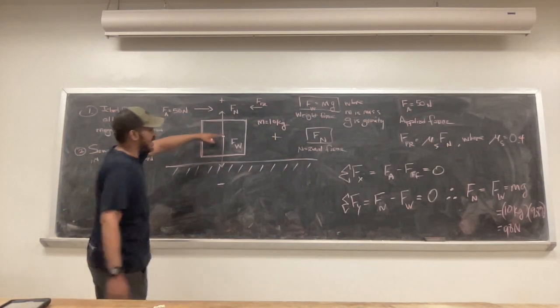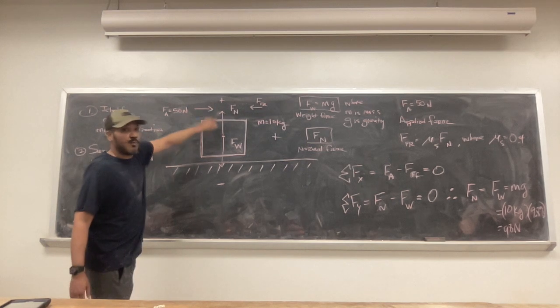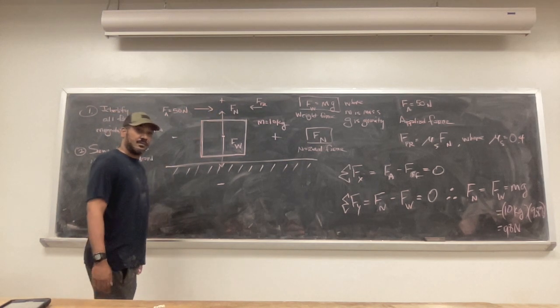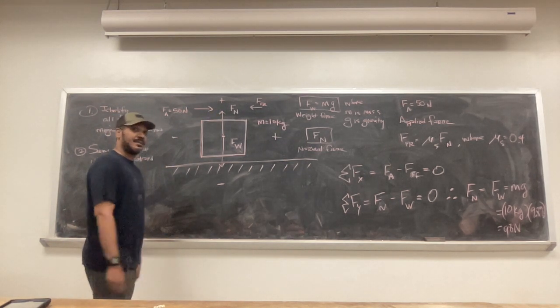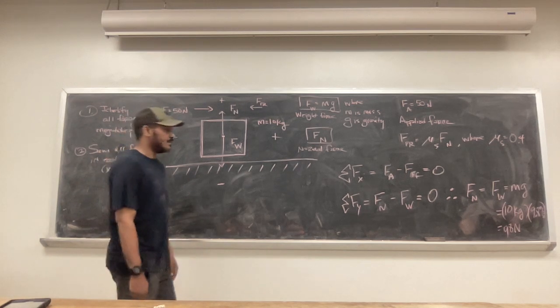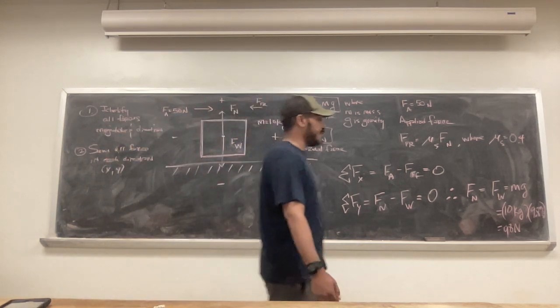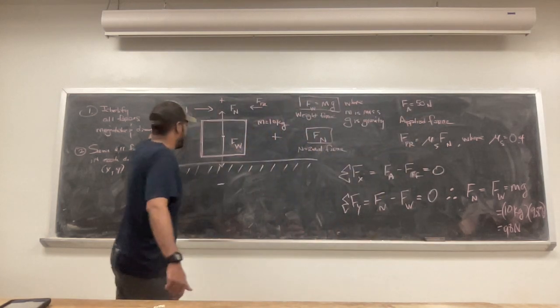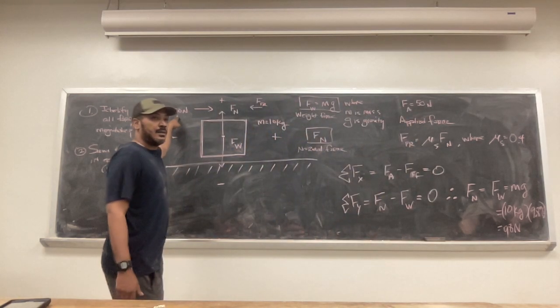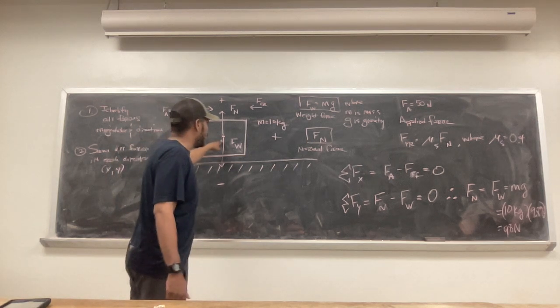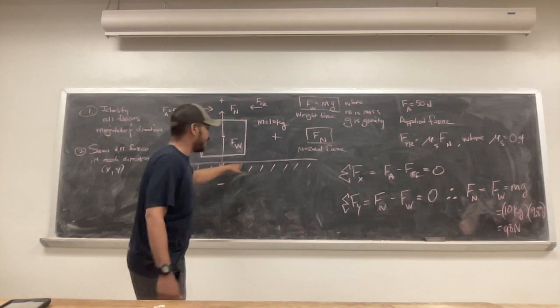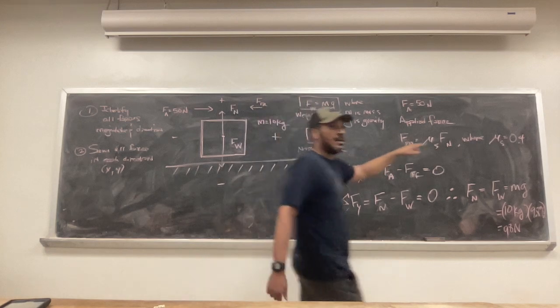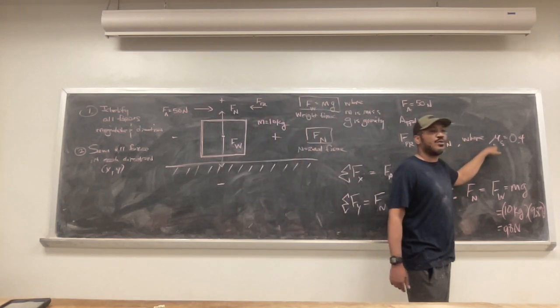So that's what my normal force is, 98 newtons. Or that's what the weight of the box is. 98 newtons, right? So now we're trying to determine what? If I apply 50 newtons of force, will this box move on a surface with a coefficient of friction of 0.4?